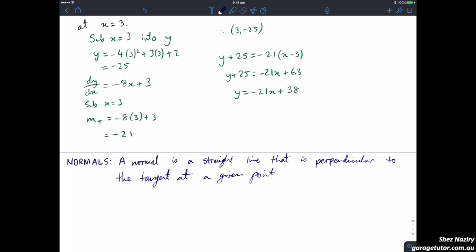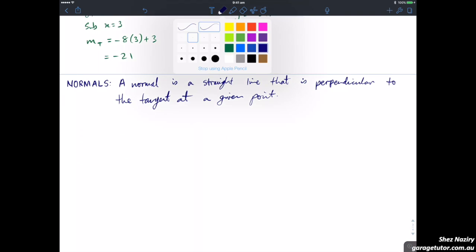So a normal is just that straight line: if you have a tangent, you draw the line that's perpendicular to it at the same point. Okay? So let's look at that visually.